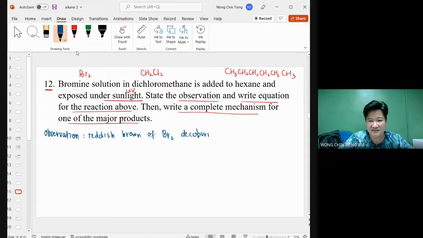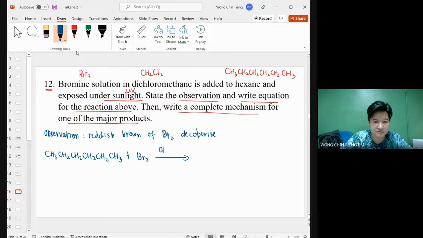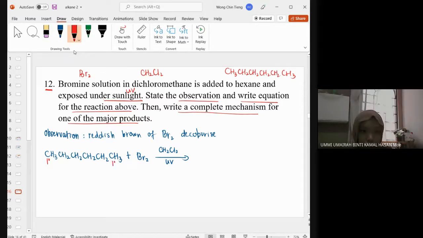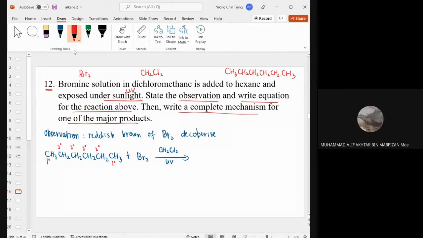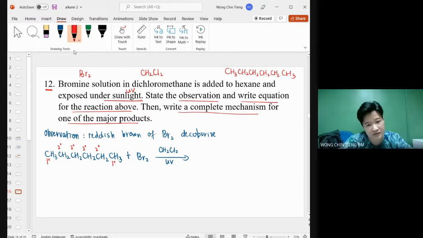Okay, decolorize. And the equation, quite simple. Can I ask how many product do you have? How many product do you produce? You dapat berapa? 2. 2. Anybody else? 3. 3. Eh. 3. Lagi? Tak ada. Let's see.